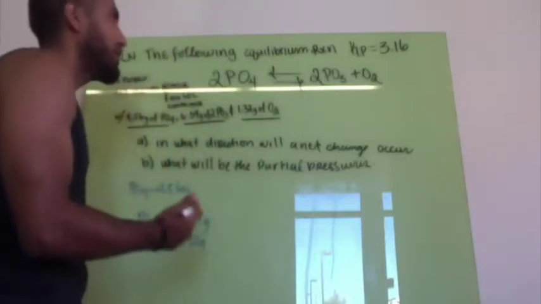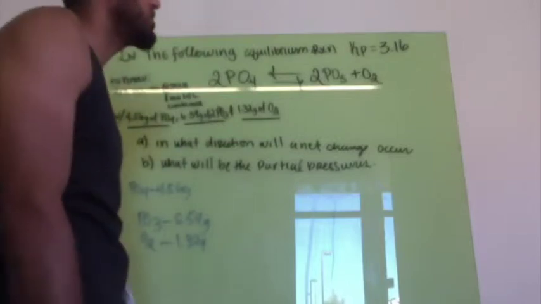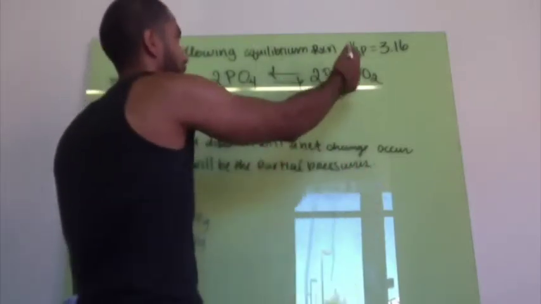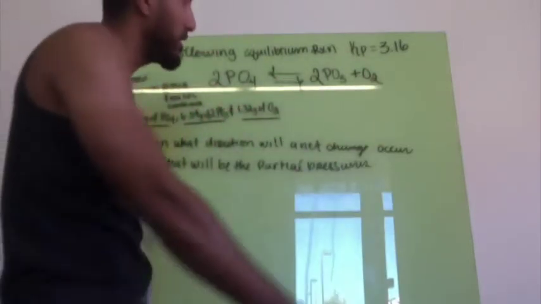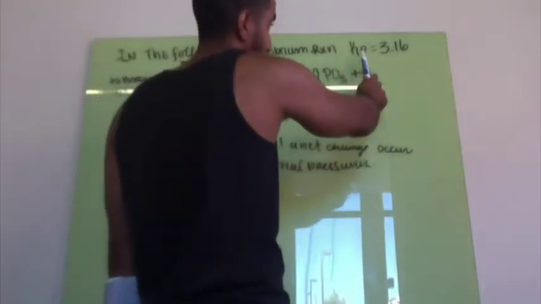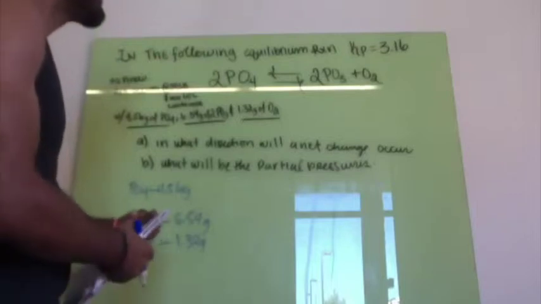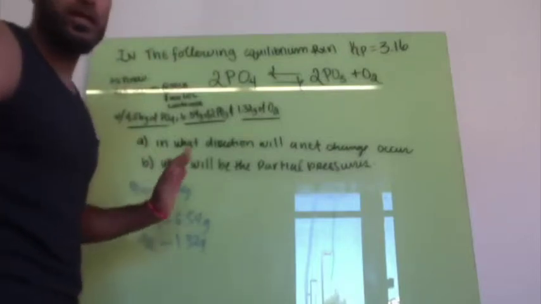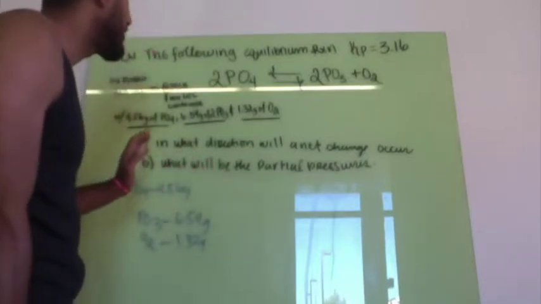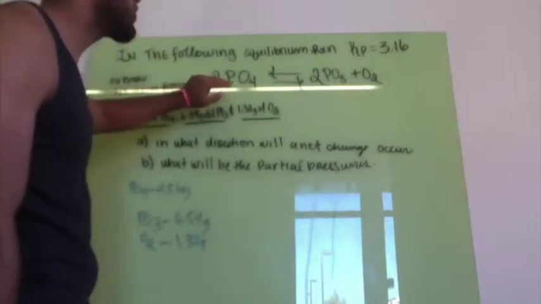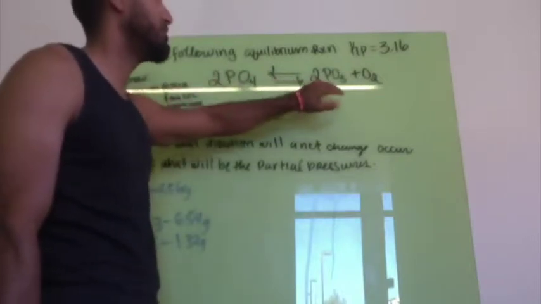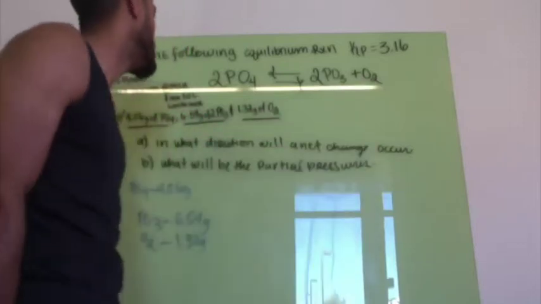Today we have the following problem, an equilibrium reaction with an equilibrium constant pressure of 3.16. The equation is 2PO4 in equilibrium with 2PO3 plus O2.